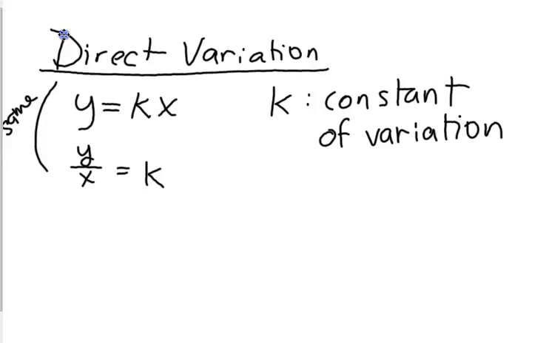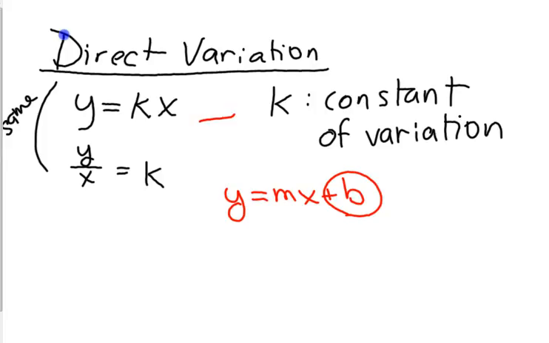How does it compare to y equals mx plus b? There's addition in the y equals mx plus b. Is there addition here? No. That's important. So what is the y-intercept here? 0.